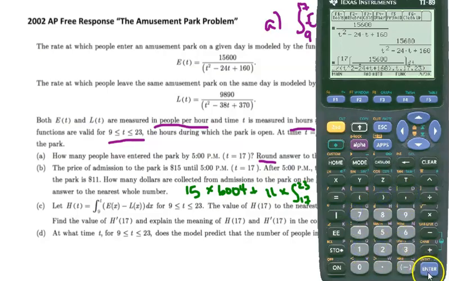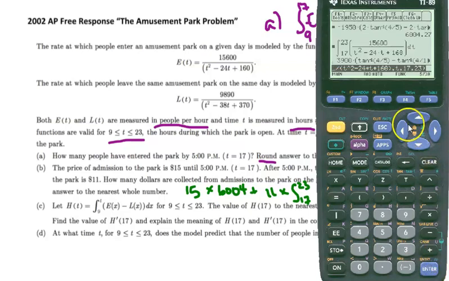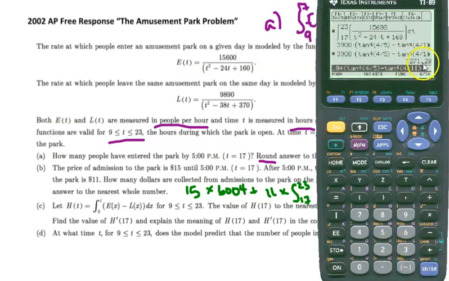This will give us the total number of people who have arrived in the park from 5 p.m. to 11 p.m. Don't forget you need green diamond enter to get a decimal number instead of the arctan, etc. So I have 1,271 people came in on the hours 17 to 23.